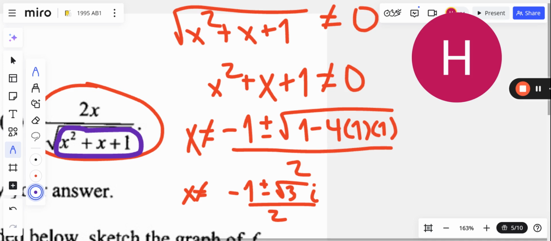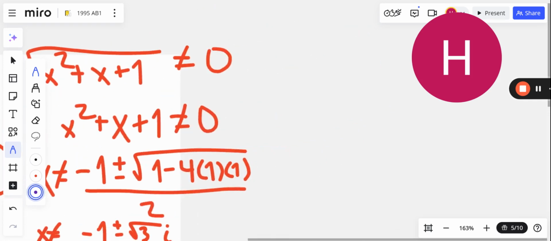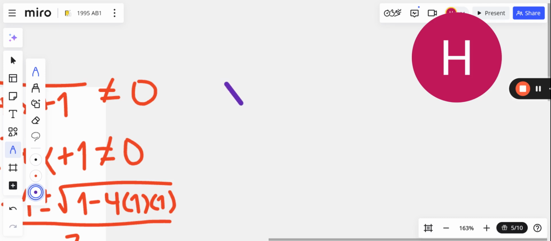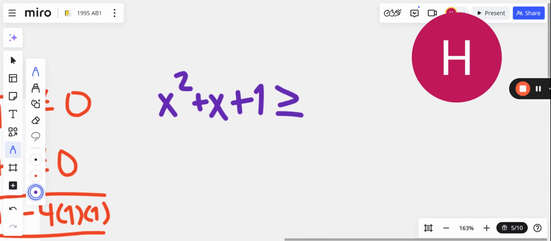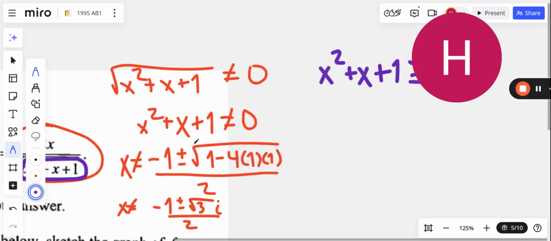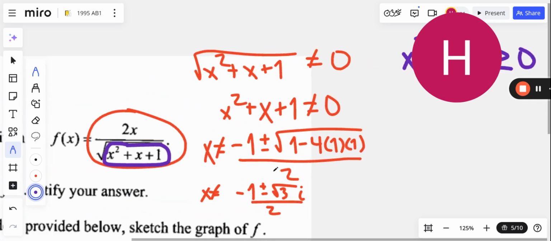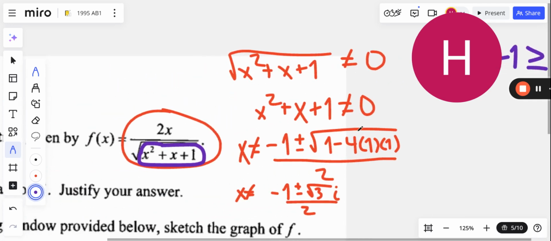Let's also take a look at x squared plus x plus 1. That's the even radical. So the rule for even radicals is that they must be greater than or equal to 0. Of course, it cannot be equal to 0, otherwise we would have a 0 in the denominator, and we just proved that that can't happen.